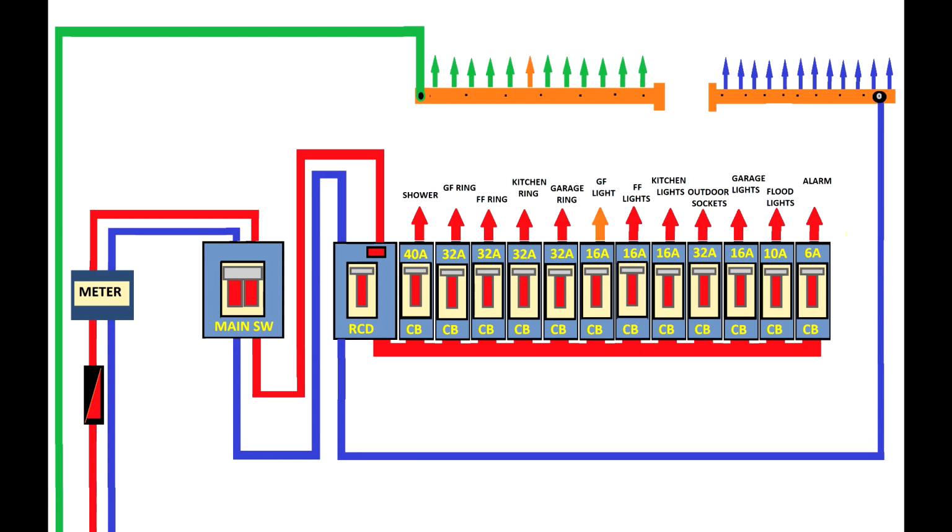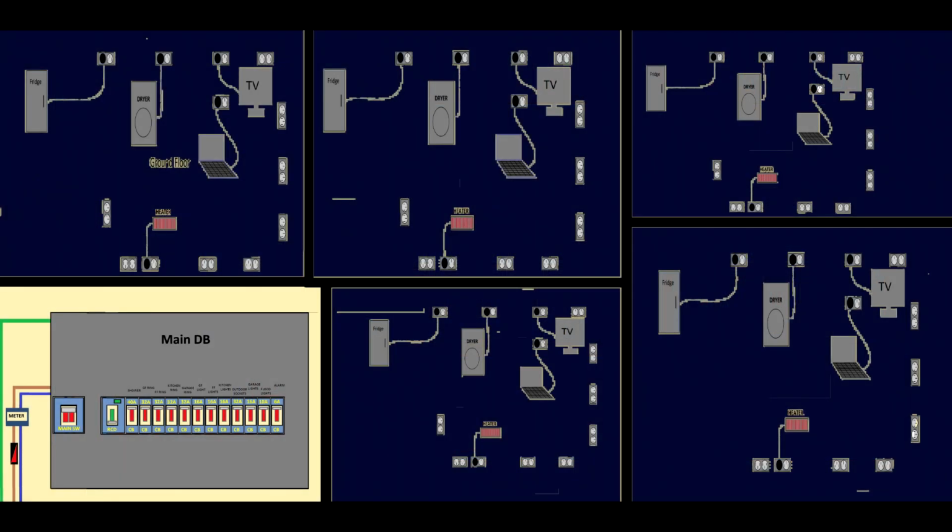So we have this electrical fault, then the RCD will trip, interrupting the entire circuit. What you'll see here, the entire home is in darkness, and you don't even have power at the sockets. That means the RCD tripped, and you lost the entire power supply.